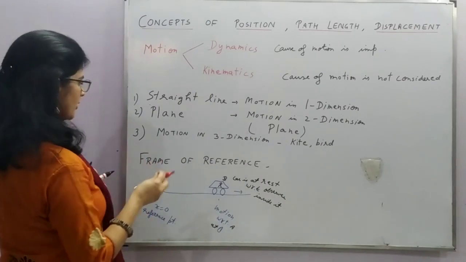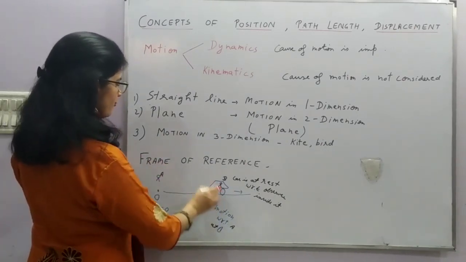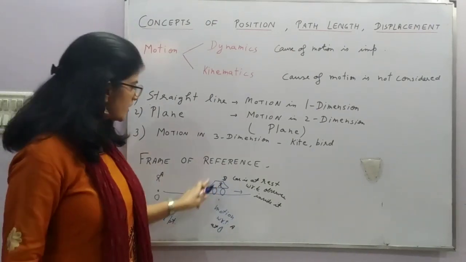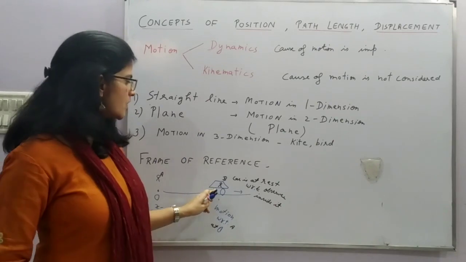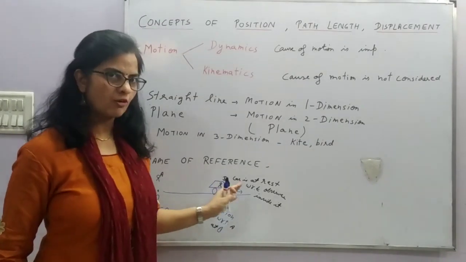So we have two different frames of reference. Here this is the reference point, so this is one frame of reference where the observer is at the point of reference, and this is another frame of reference where the observer is inside the car and himself moving along with the car.